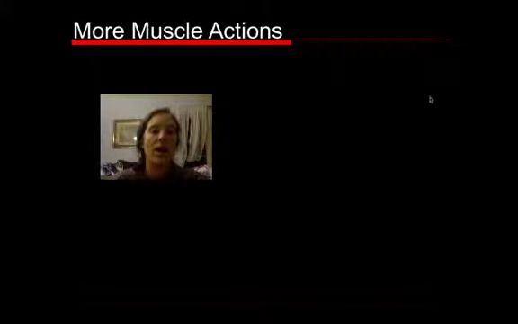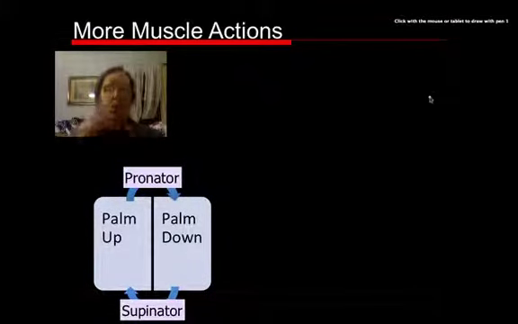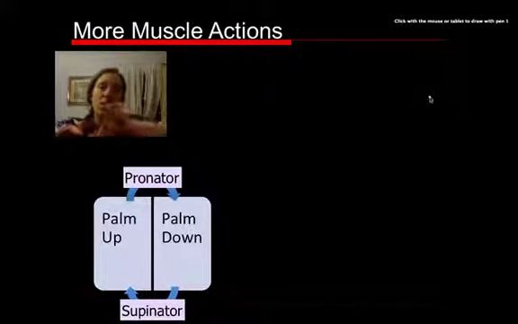All right, next we have pronating and supinating. This is more of a rotation. If you are pronating, then you are taking your upward facing palm and moving it down. People that pronate when they run, their feet roll inwards. And supinating is where you are taking your downwards facing palm and rotating it upwards.